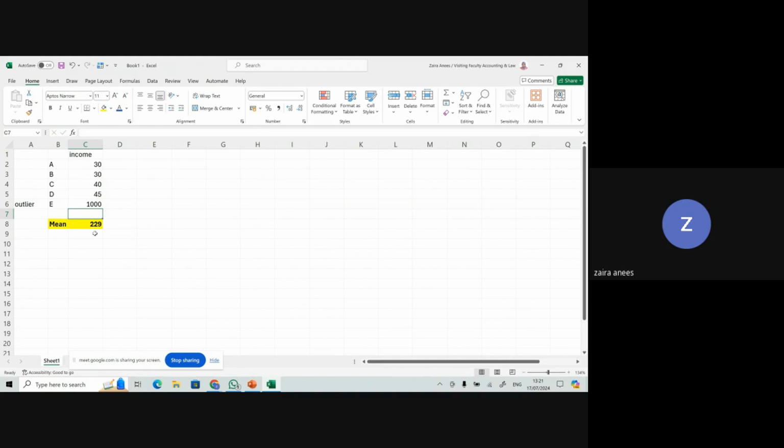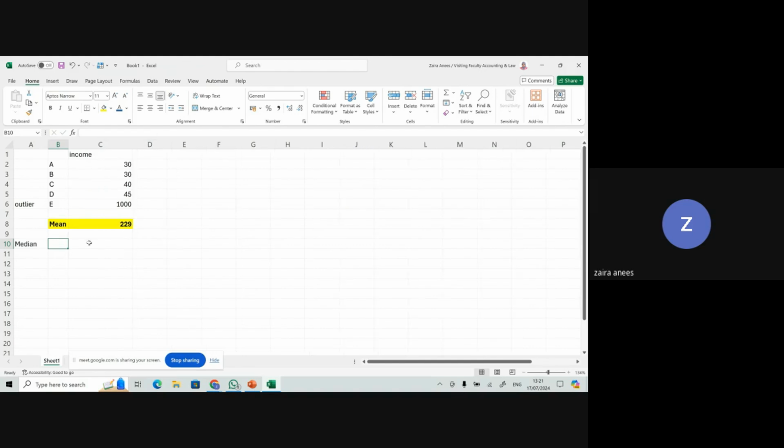So if there is an outlier, then this average figure may not represent the true picture of the whole population. Population means, I mean, the whole data set, right? So what is the solution of this? Solution is basically the median value. Right? Median value actually represents what? Median value will represent the middle value of this whole population.